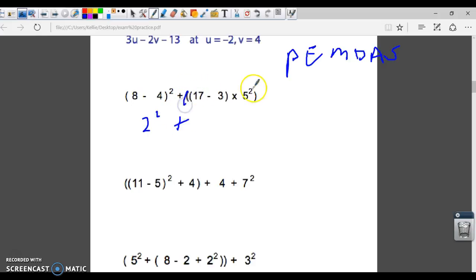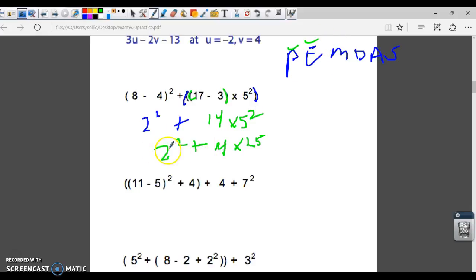Notice this double set of parentheses, so I have to do this part first. 17 minus 3 is 14. And then it says times 5 squared, okay? Since this is still in the parentheses, I need to solve this first. So the parentheses, exponents, 5 times 5 is 25, times the 14, bring everything else down.